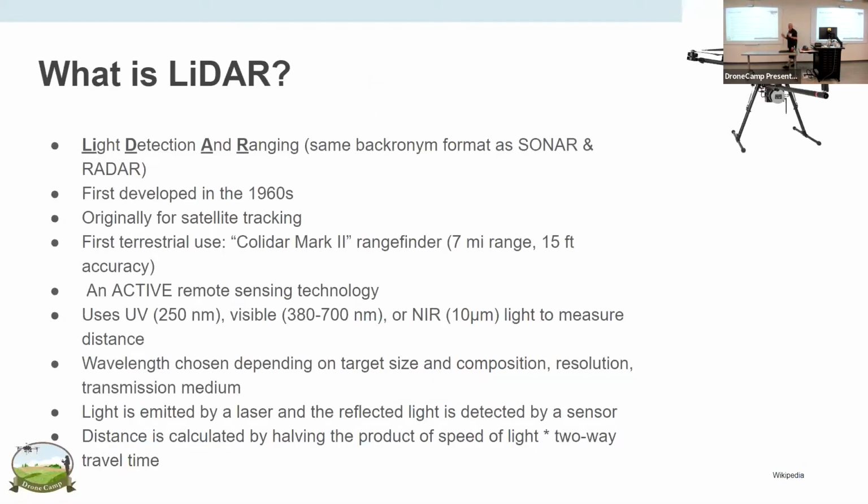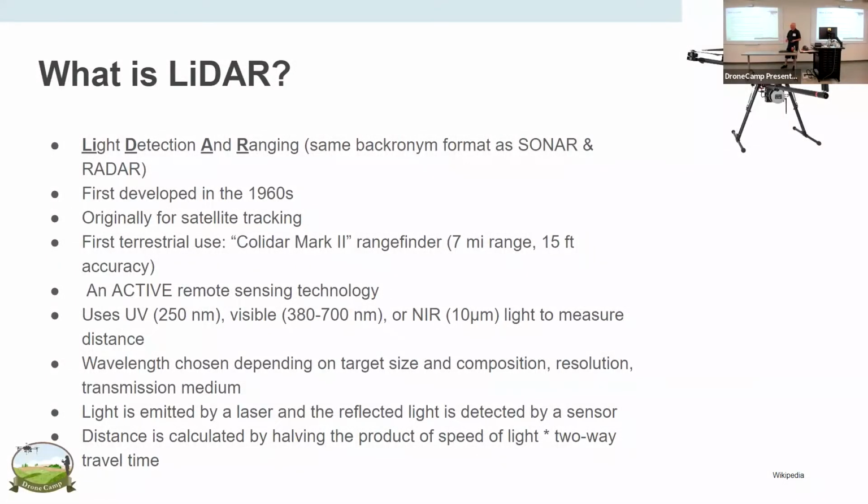The name LiDAR is the same kind of acronym as radar and sonar, but in this case, the energy being emitted by the active sensor is light. So it stands for light detection and ranging.